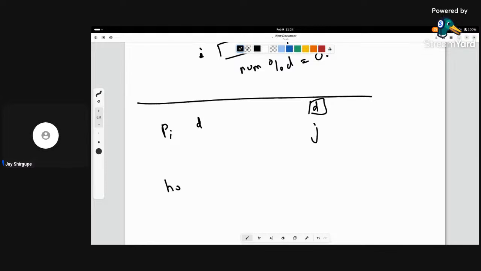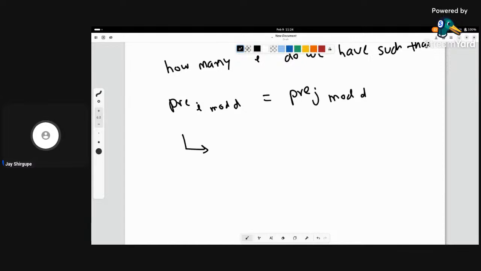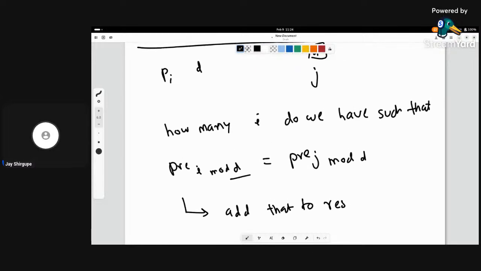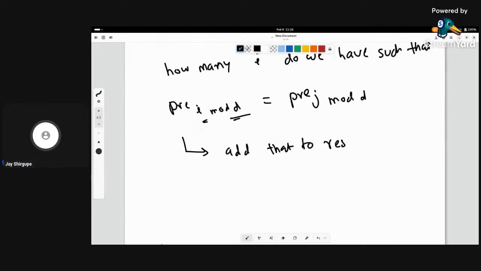Then you say how many I do we have such that prefix of I modulo d is equal to prefix of j modulo d, and you add that number to your answer. For every such I you would get a substring which has last digit as d, and whose number formed is divisible by d.